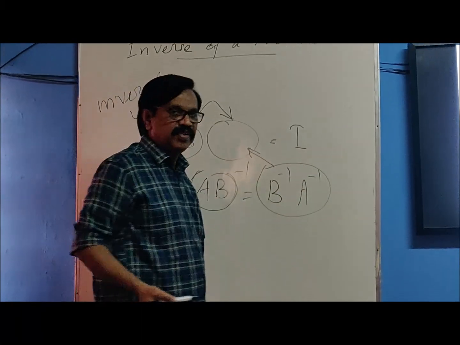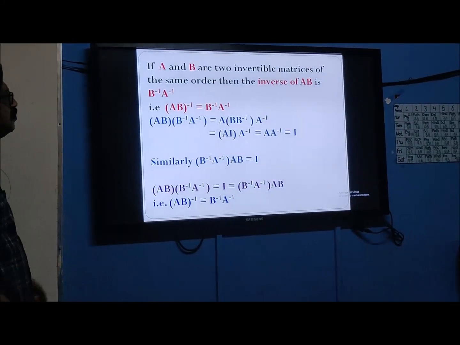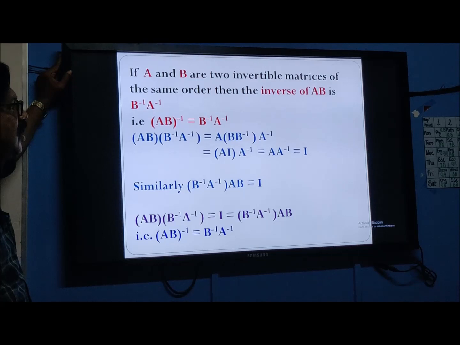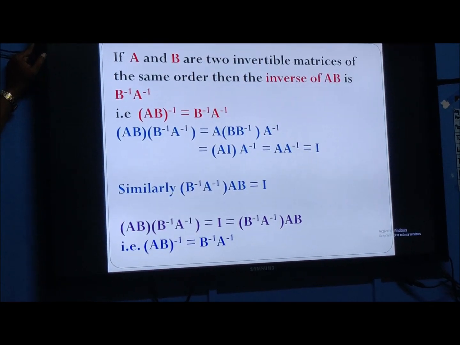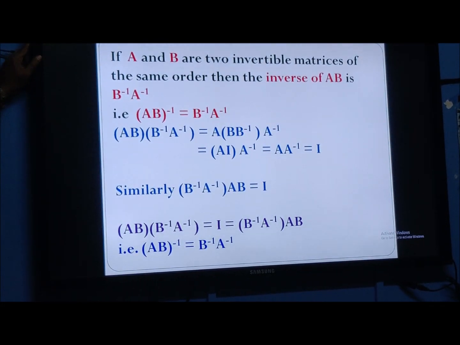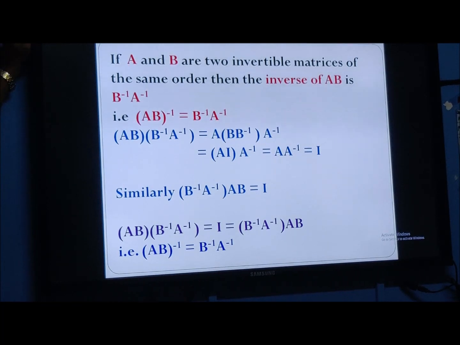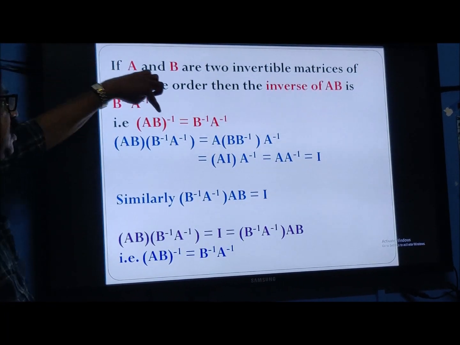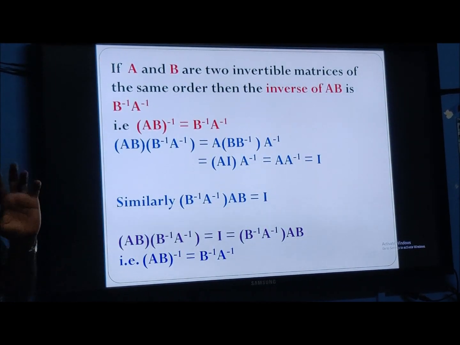If A and B are two invertible matrices of the same order, then the inverse of AB is B inverse A inverse. That is, (AB) inverse is B inverse A inverse. Therefore, what are we going to do?